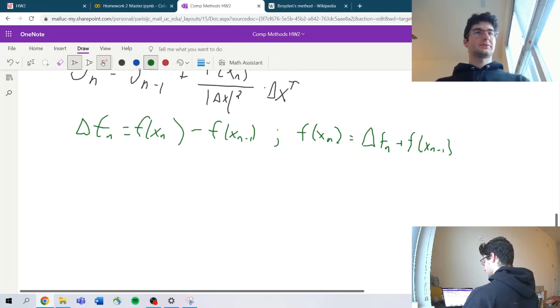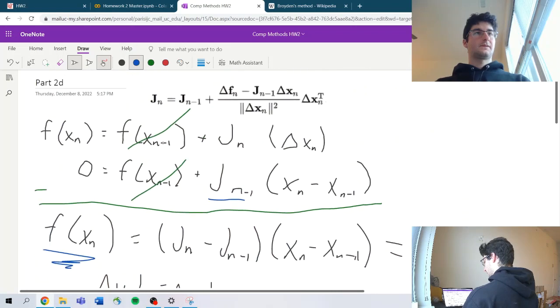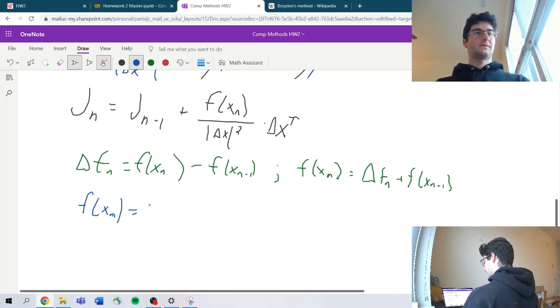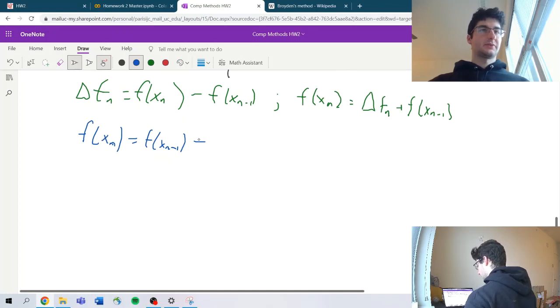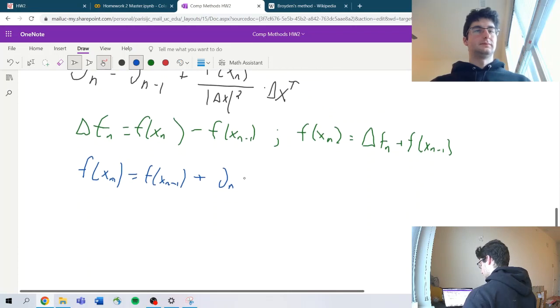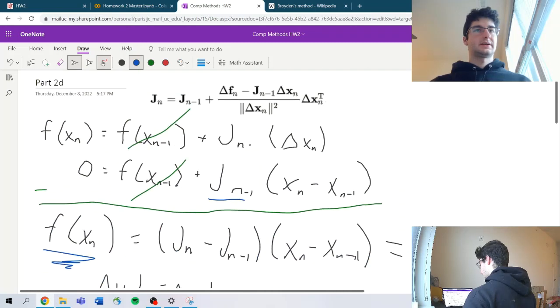You remember one of those equations said we had f of x to the n equals f of x to the n minus 1 plus our Jacobian times our delta x.